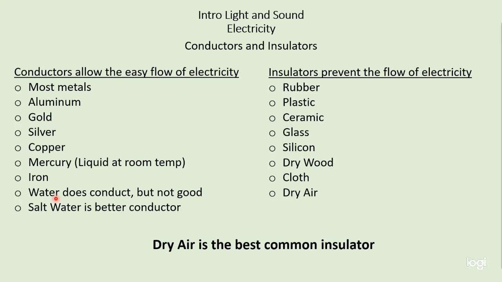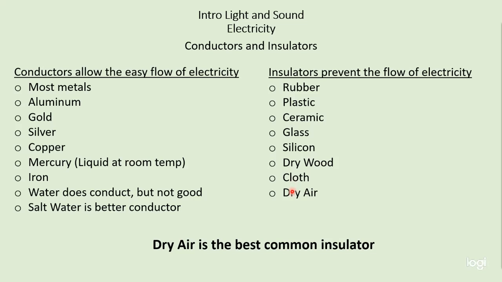And then to contain it, insulators prevent the flow of electricity: rubber, plastic, ceramic, glass, silicone, dry wood. Now wet wood conducts electricity. Cloth, so fibers, and then dry air.